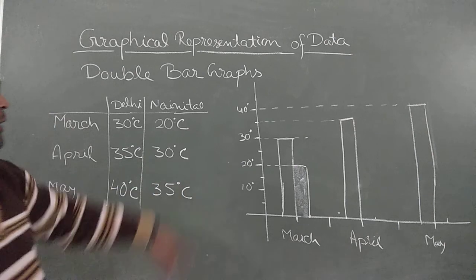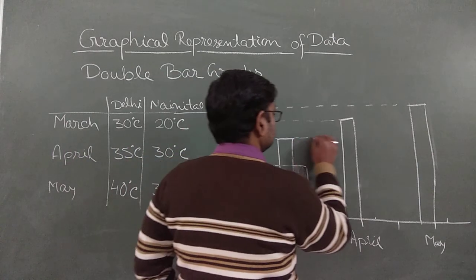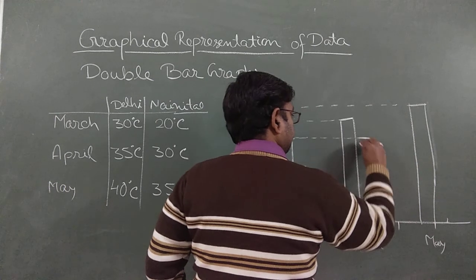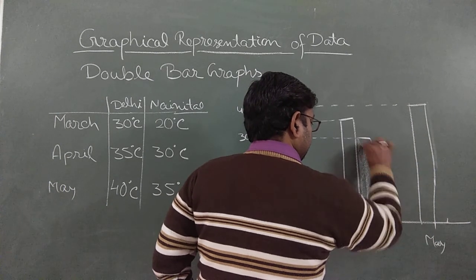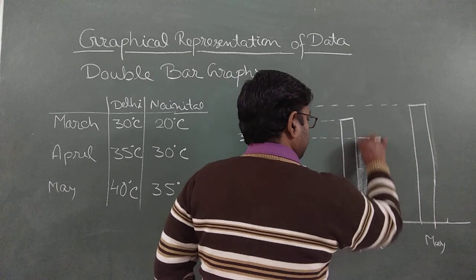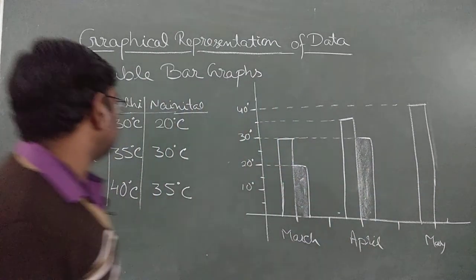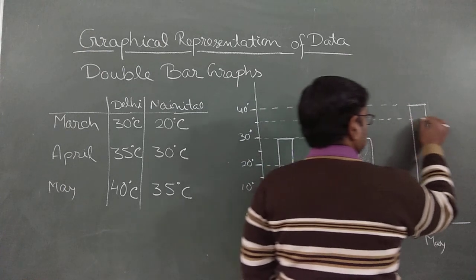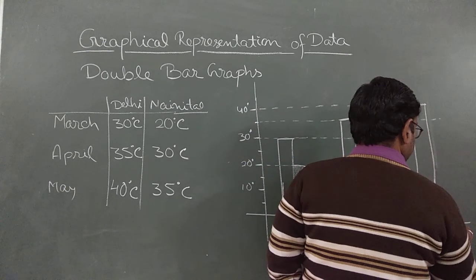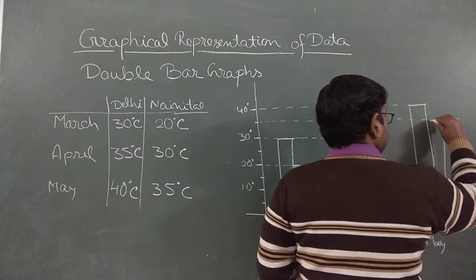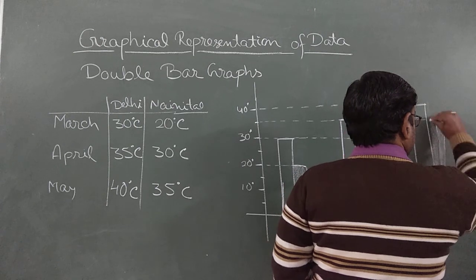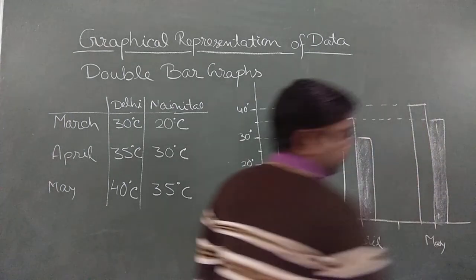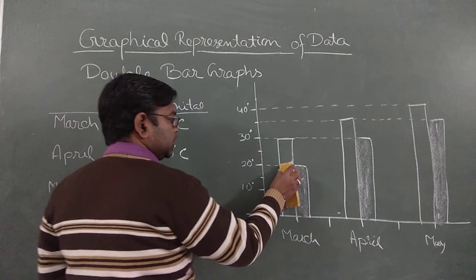Then in April there is 30 degrees centigrade, and in the month of May it's 35 degrees centigrade. Clear? Now erase all these lines.